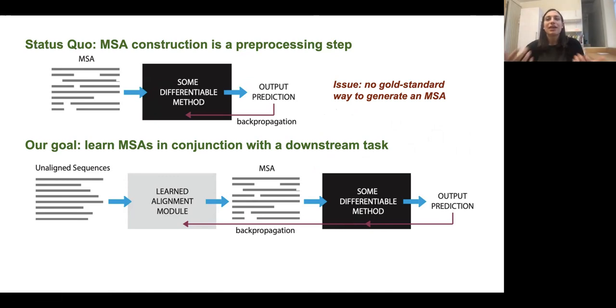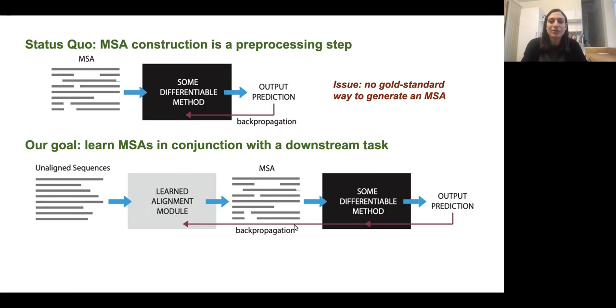This ambiguity led us to ask the question: will we see improvements if we learn our multiple sequence alignment with some guidance from the downstream task we want to use it for? Our goal is to build pipelines that look like this. We input unaligned sequences, and we align them using what we're going to call a learned alignment module into a multiple sequence alignment.